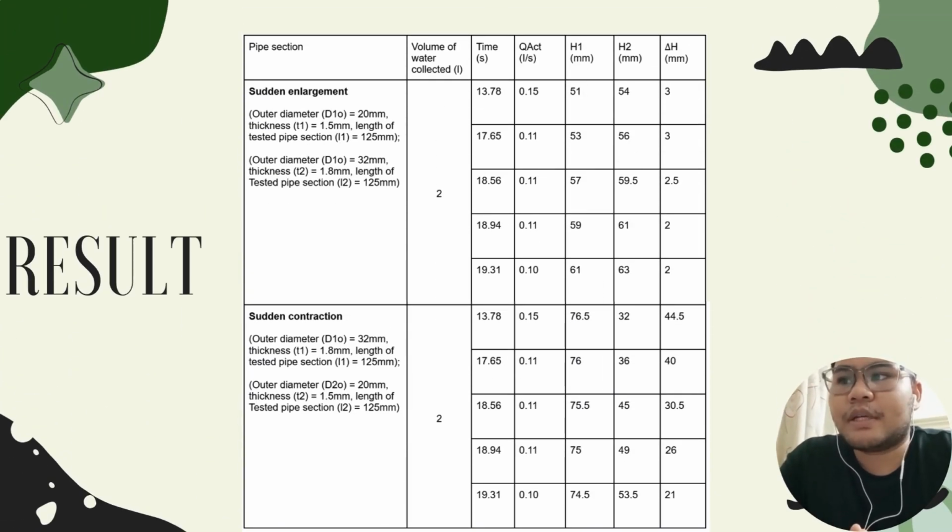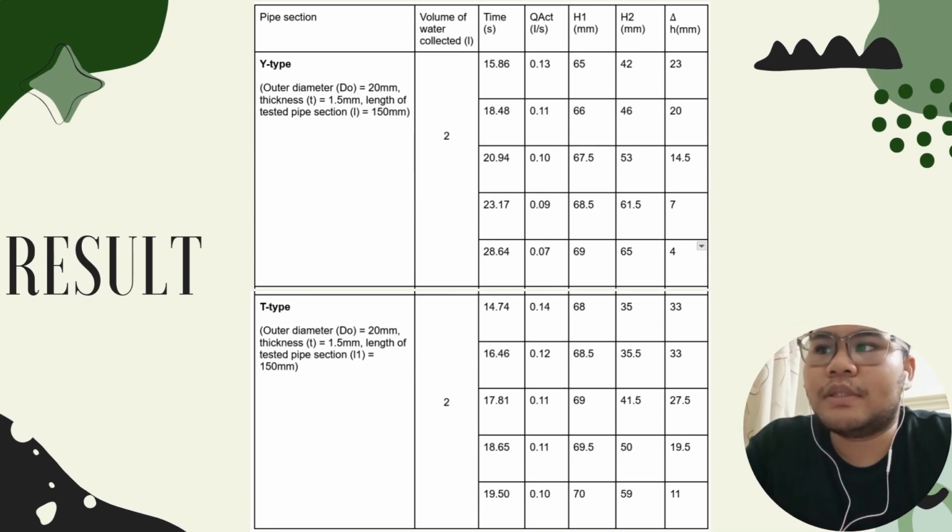For the pipe sections sudden enlargement and sudden contraction, we use 2 liters for the volume of water collected, and we record the time to find the Q, which is volume of water collected over time, and then we record the inlet flow pressure H1 and outlet flow pressure H2 to find the difference between inlet and outlet flow pressure.